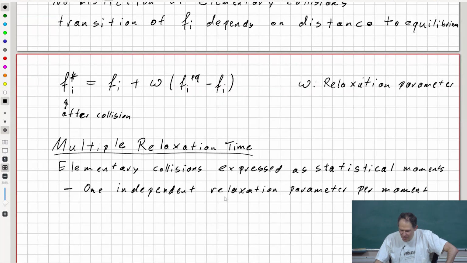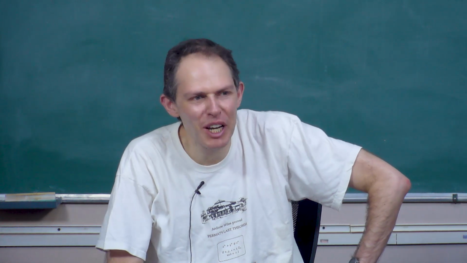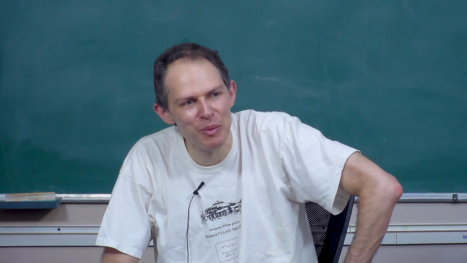Now, the thing with this is that a moment, I don't know whether you have had statistics and know about moments. Maybe this is now a strange moment for you if you don't know what a moment is. After this course, you will know what a moment is.